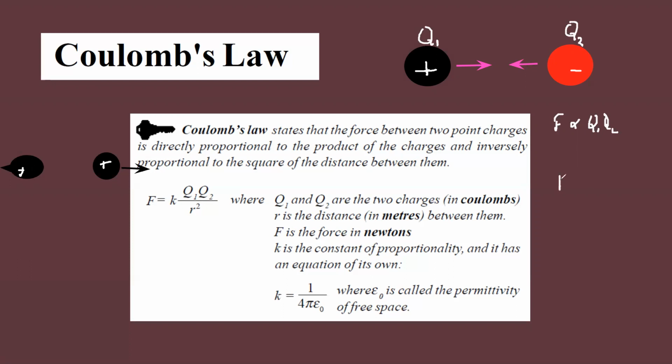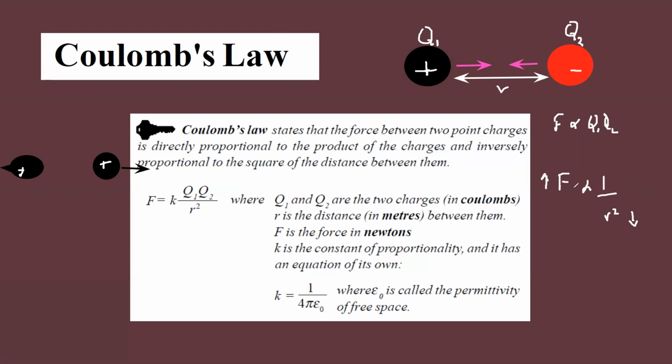And it is inversely proportional to the square of the distance between the two, or it follows the inverse square law. What does it mean? For example, R is the distance between the charges. If we decrease this distance, if the charges are closer, the force will increase.